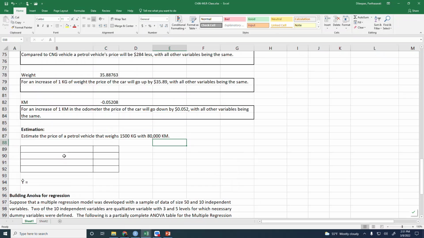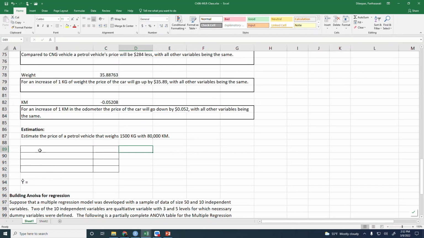Okay, so let's do an estimate now. So now that we have understood all of these different elements in the regression model, suppose we want to estimate the price of the vehicle. So you have a particular vehicle here, and it weighs 1,500 kilograms.